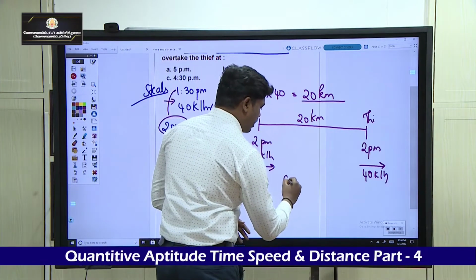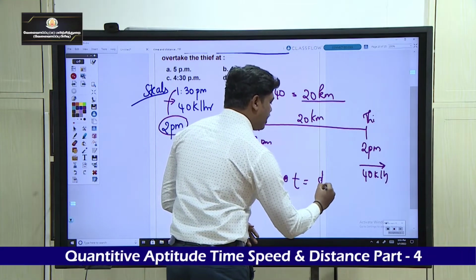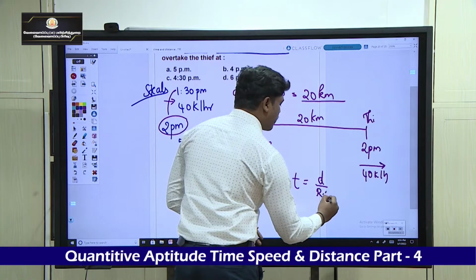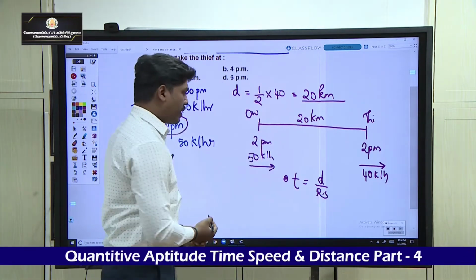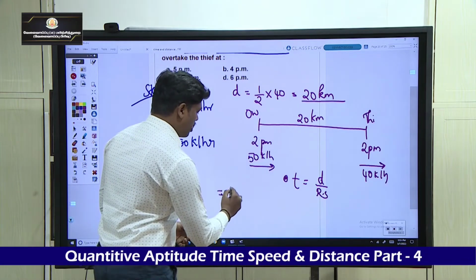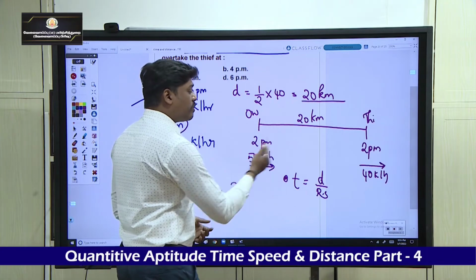So time is equal to distance by relative speed. Distance here is 20 kilometers. I am just writing here 20 kilometers divided by relative speed.